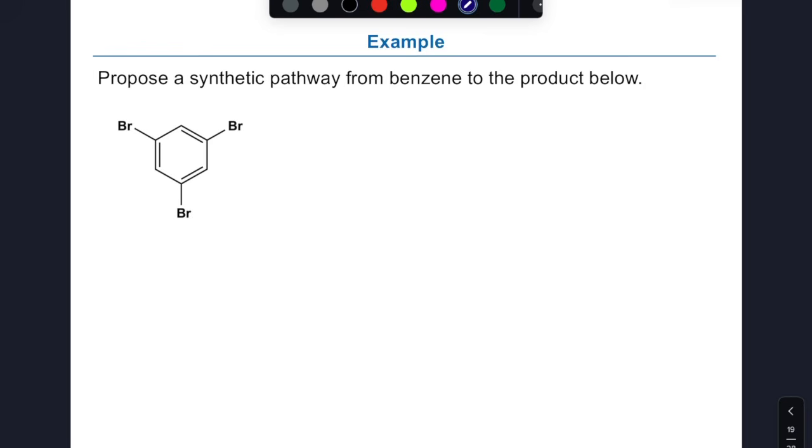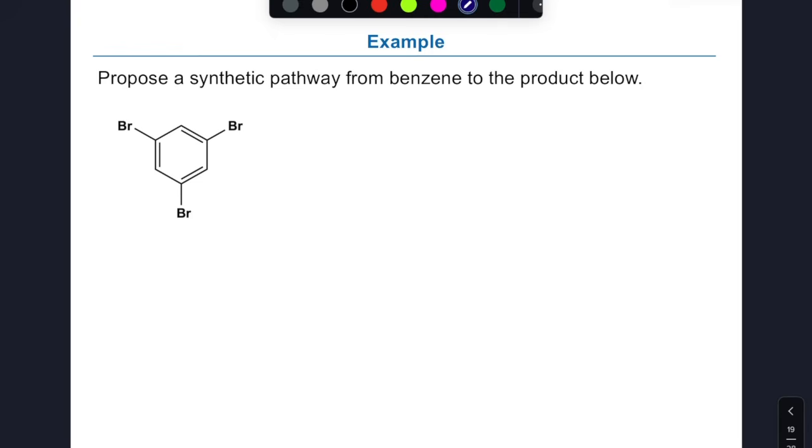Okay, so for example, if I wanted to make this molecule from benzene, it's not as easy as you think. If I took this and let's say I'll just use bromine and AlBr3, I can monobrominate this. That's not a problem.